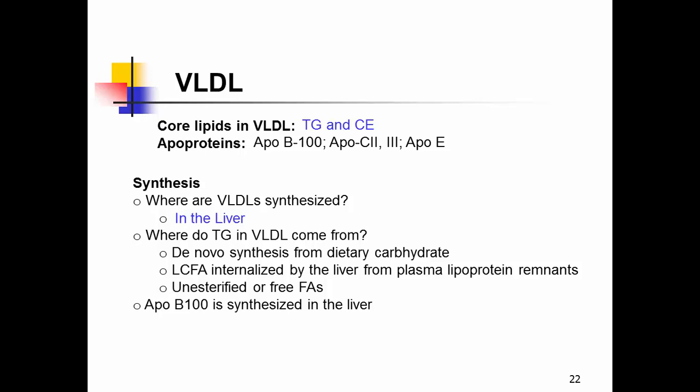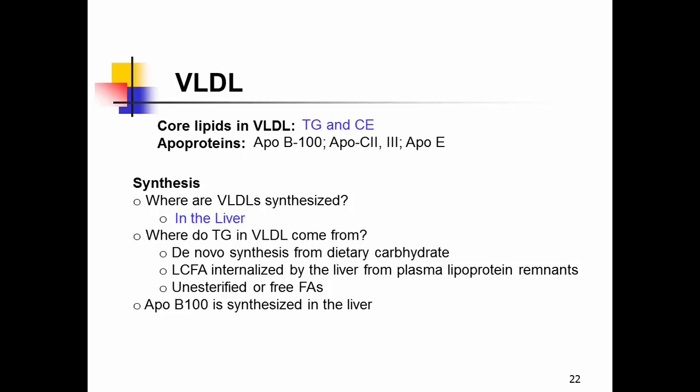These fatty acids need to be esterified to triglyceride and packed into VLDL. And where do you think this de novo lipogenesis triglyceride should go in the fed condition?